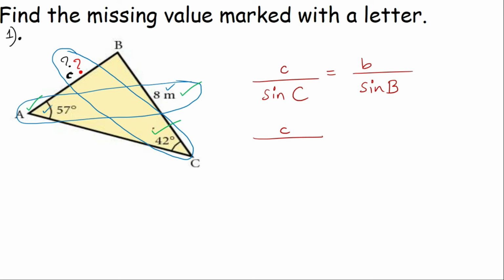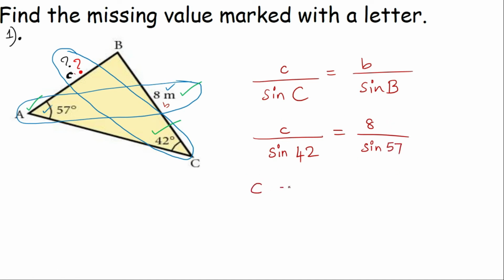My angle opposite to c is 42, so I'll take c over sine 42 because it's exactly opposite. I hope you can see it from the figure. b is 8 meters, so I'll take this as my b. So 8 over, the angle here is sine 57. So my equation is ready.